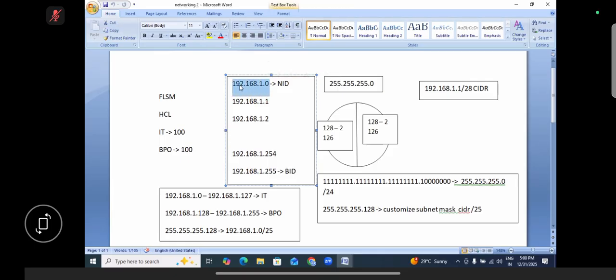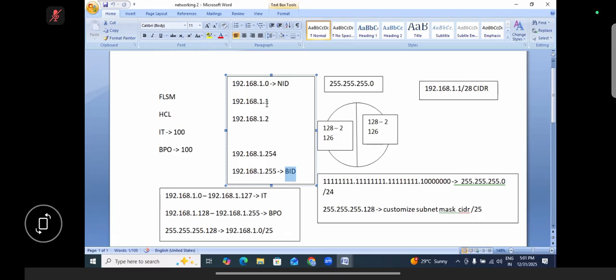Class C will start from 192.168.1.0. If all the host bits are 0, that is the network ID to identify the network. If all the host bits are ones, meaning 255, that is the broadcast ID. Network ID and broadcast ID we are not going to assign to hosts.